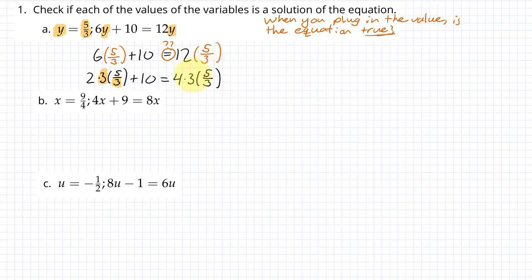And then something times 3 divided by 3 cancels out. And so the whole thing will become 2 times 5 is 10 plus 10. We want to see, is that equal to what we have on the other side? The 3's canceled out, so we have 4 times 5, which is 20, and 10 plus 10 is equal to 20. This is true. So the answer to the question is yes, 5/3 is a solution.